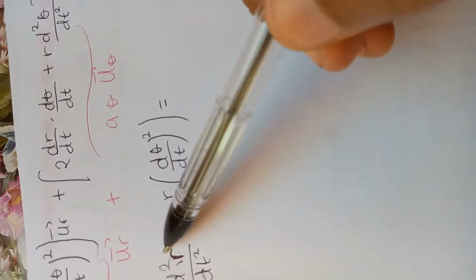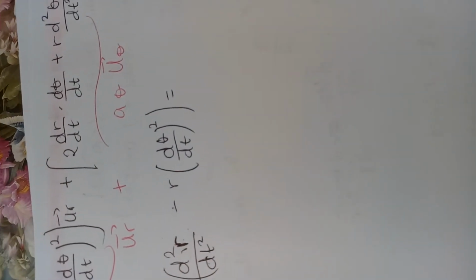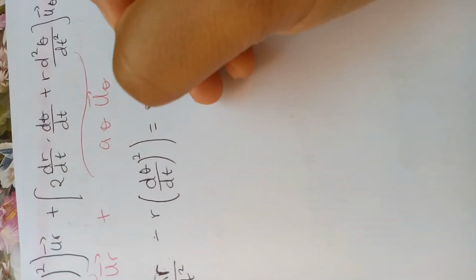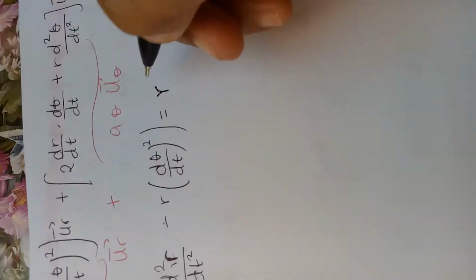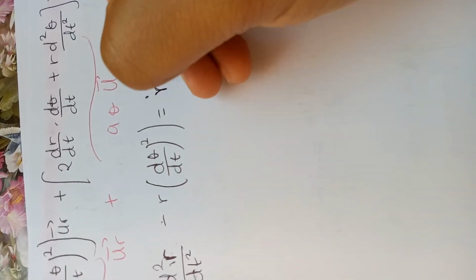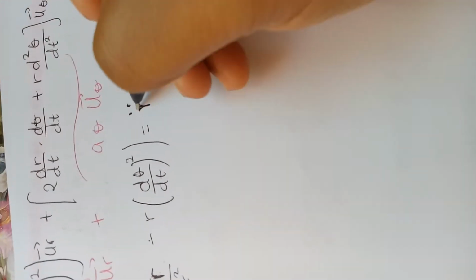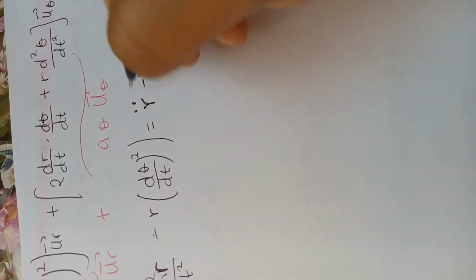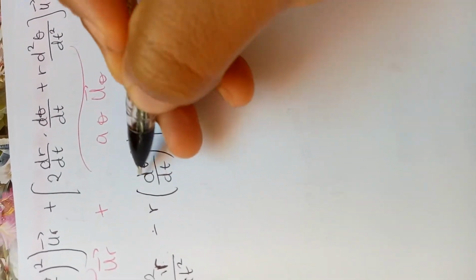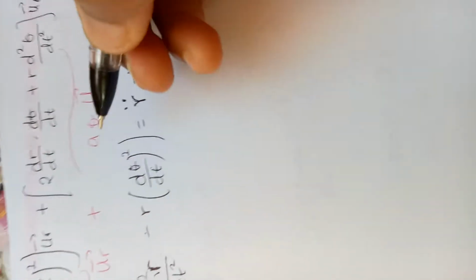Since it's been derived two times, I can just simply use R, because it's R that is the boss here. So this R, to show that it has been derived twice, then minus R, and then theta has been derived once because it's d theta over dt.